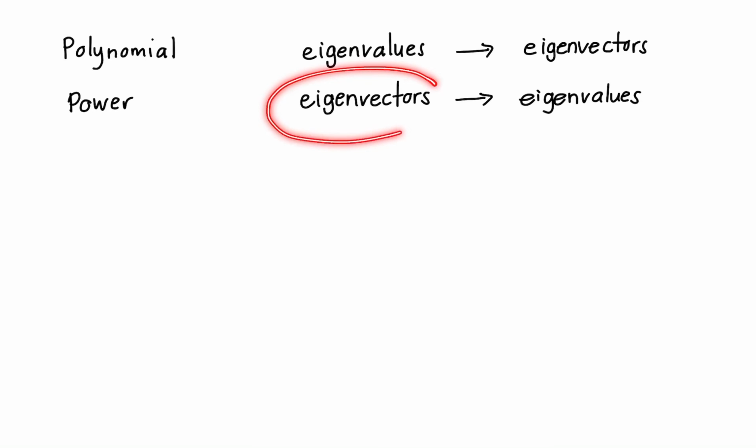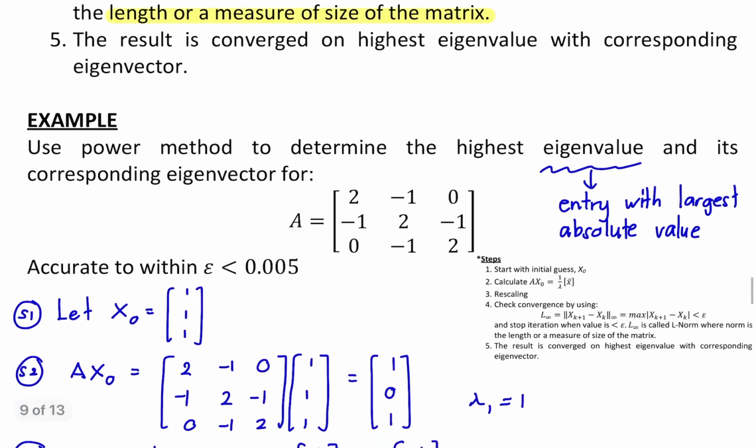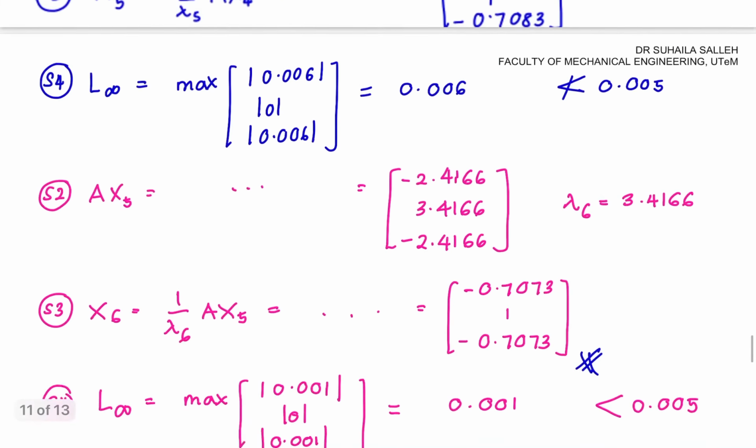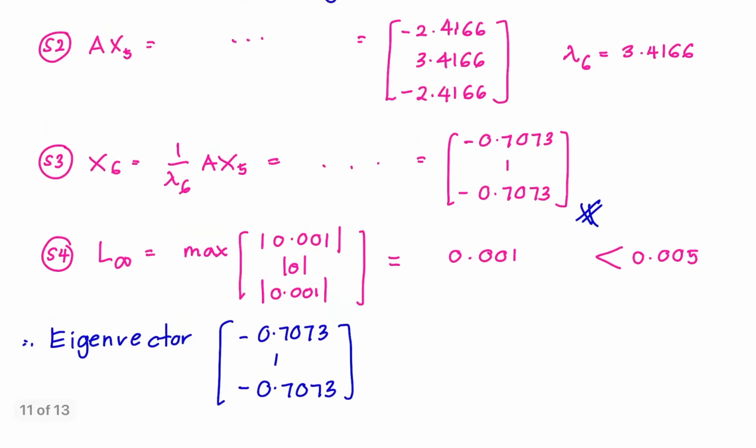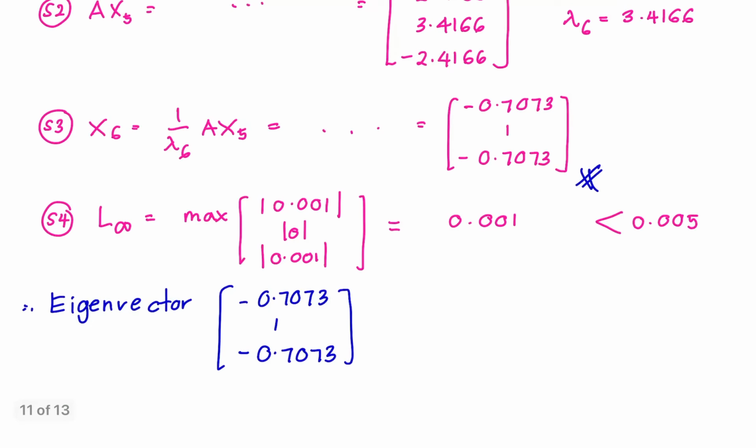But in the power method, we find our eigenvectors, then we calculate our eigenvalues. So in this case, which one is our eigenvalue? Since our eigenvector is at x6, our eigenvalue will be calculated later on, would be lambda 7, not lambda 6. So therefore, at this stage, we are not finished yet.